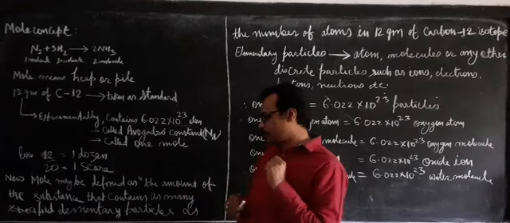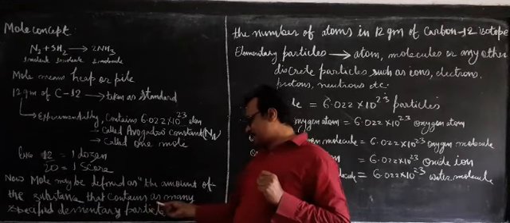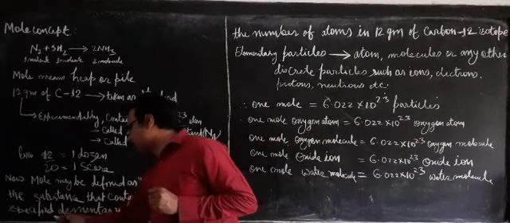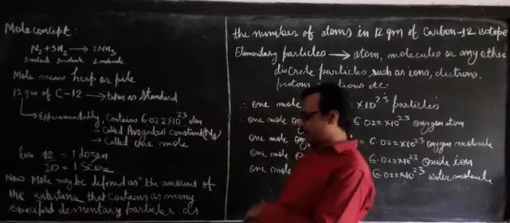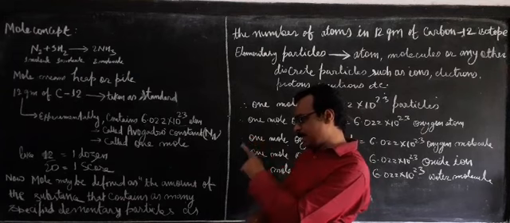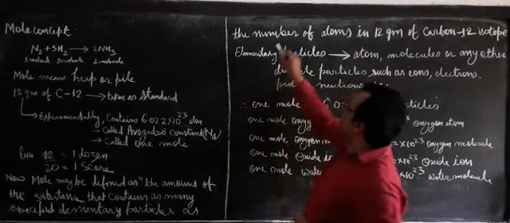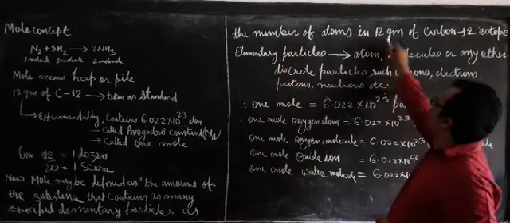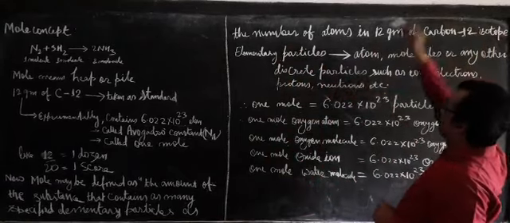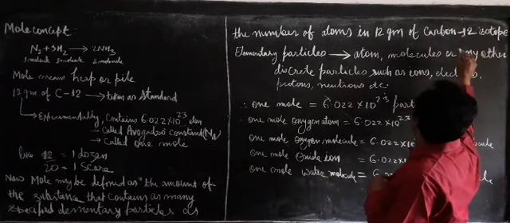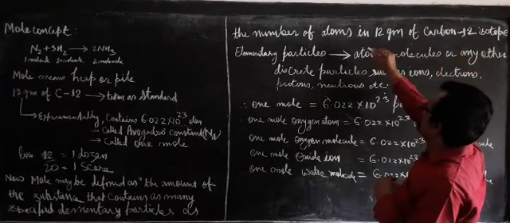It is the amount of substance that contains as many specified elementary particles as the number of atoms in 12 gram of carbon-12 isotopes.